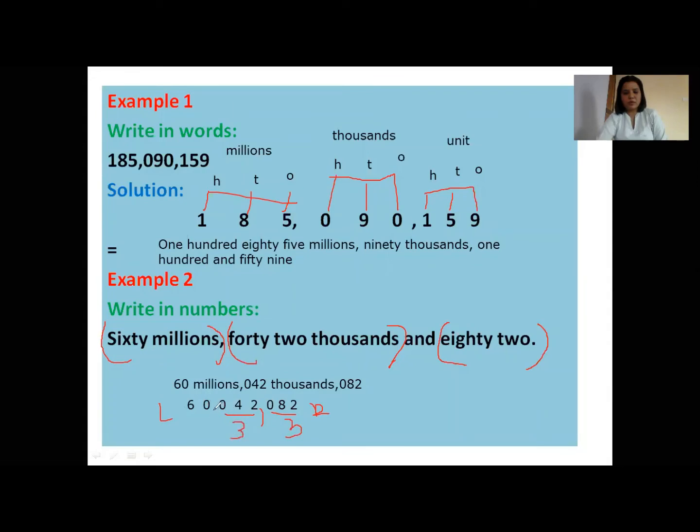So we place a comma over here. So we have the number now 60, comma 042, comma 082. Now let us move to another example.